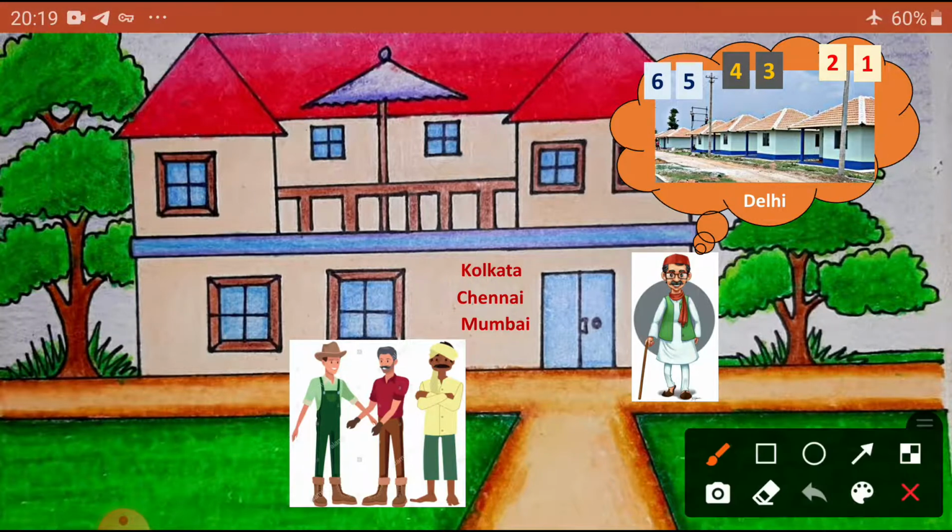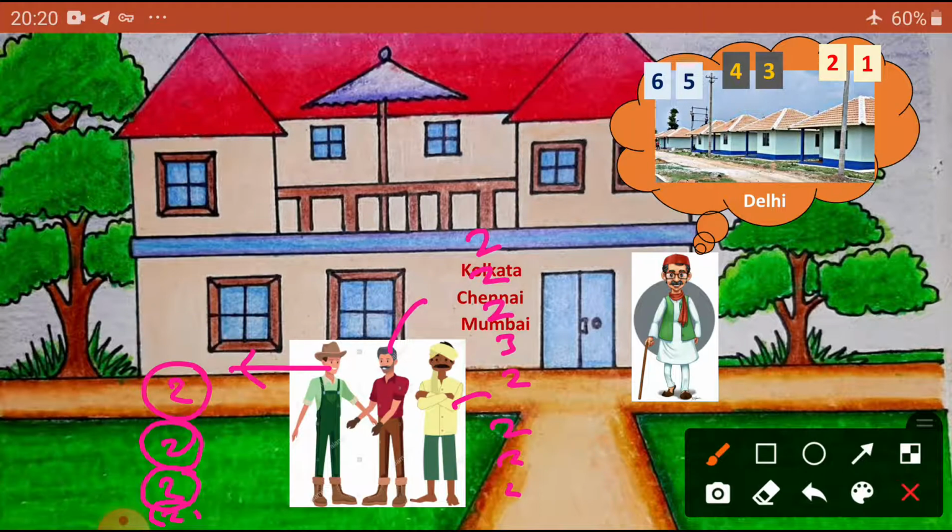What has happened? Here, the first son is given 2 houses in Delhi, 2 houses in Kolkata, 2 houses in Chennai, and 2 houses in Mumbai. Similarly, the next also is given 2 houses in the 4 different places, and the third also 2 houses each. So it is given sequentially.